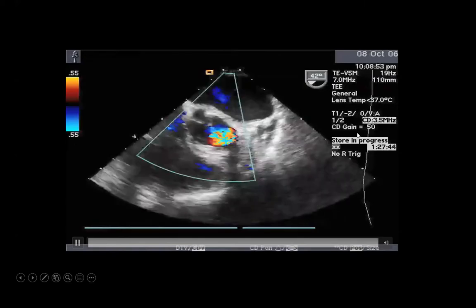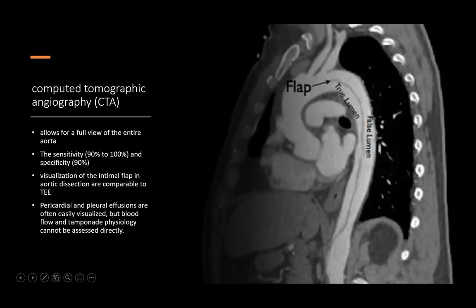CTA allows for a full view of the entire aorta with very high sensitivity and specificity. We usually consider the transesophageal echo to be the gold standard to visualize the intimal flap, but CTA has proven to have comparable results in visualization.